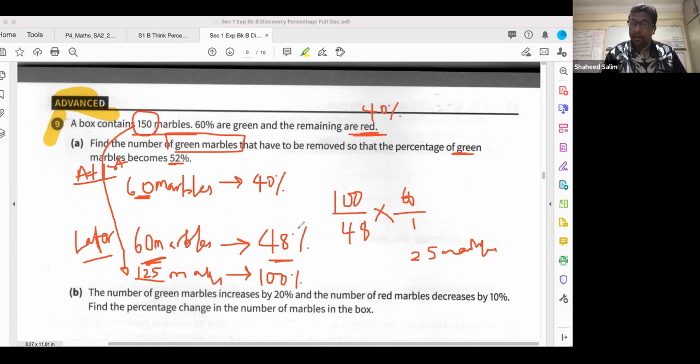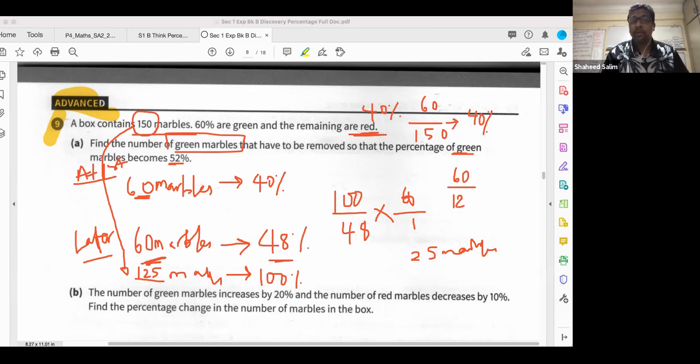Percentage can change. Why? Because the total number of marbles changes, right? Because your number of 60 at first was over 150. Then you get 40%. But later on, it's still 60, but over 125. Your total is different. Can you see now?